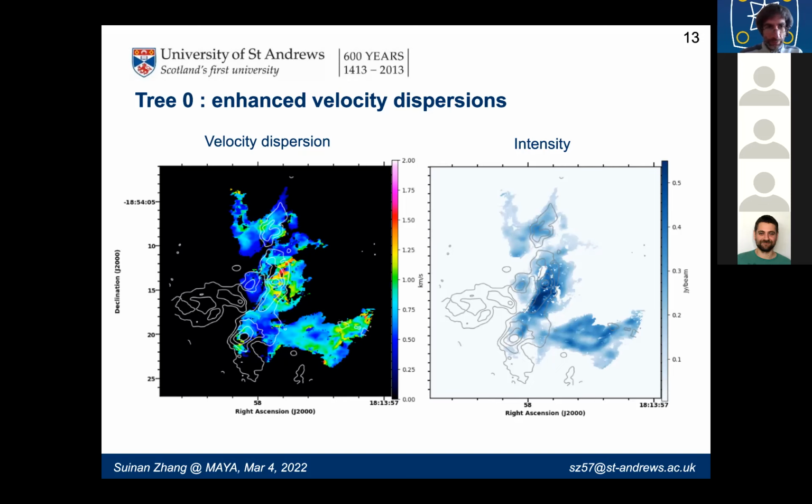We also see velocity gradients in a few other trees, but those trees are not especially associated with MM2 or offset from the continuum filamentary structure. We need some further investigation of those trees, but they would not affect our main conclusion about tree 0.